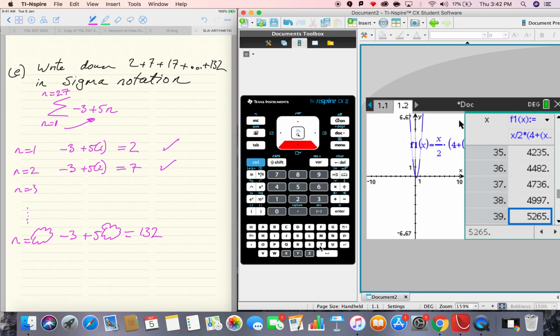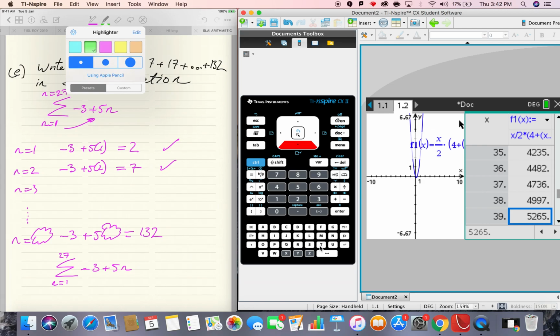Now, alternative variations to this. Sigma, for sure, minus 3 plus 5n. You could have maybe 1 to 27, and there'd be an understanding that the 1 and 27 you substitute into the n in integer values from 1 all the way up to 27. So that's accepted notation. Sometimes I've seen just n equals 1 here. That's fine. Something a little bit different is that the letter changes.